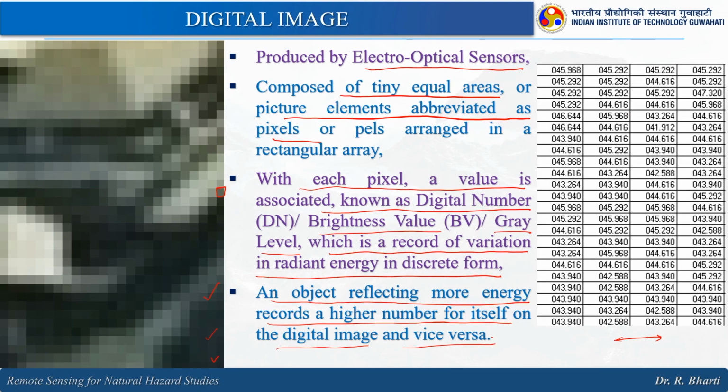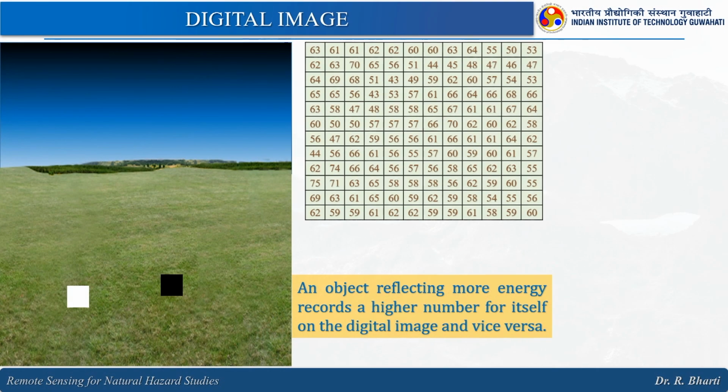That means within the field of view of a detector, if the value is high, you have a comparatively brighter object, and if you have a darker object, that means you have a dark color material in your field of view, or a chemical composition which is absorbing all the energy, and that is responsible for giving you the high and low numbers in the form of digital number.